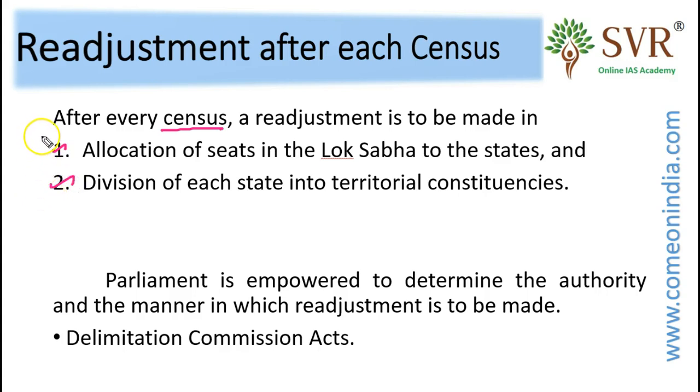These 2 changes take place whenever there is a release of a new census. So for doing this, the Parliament is empowered to determine the authority and manner in which the readjustment is to be made, for which the Parliament enacts the Delimitation Commission Act.